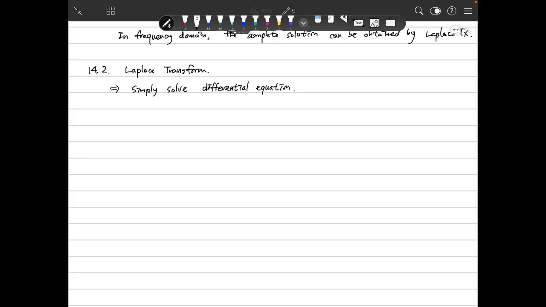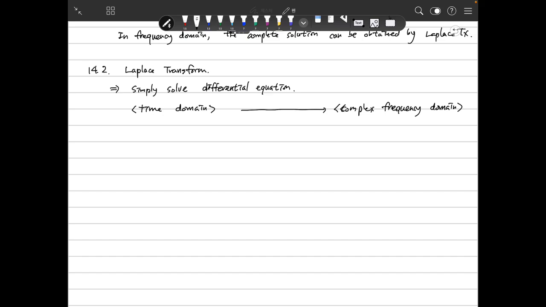Actually, the differential equation is represented in the time domain. But using Laplace, we can change it to the complex frequency domain. The Laplace transform turns all variables in the time domain into the frequency domain.